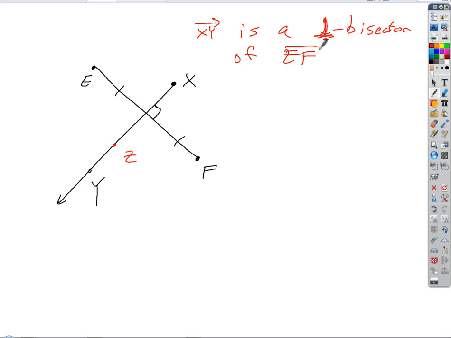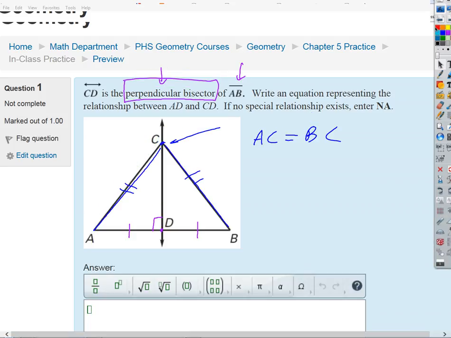So what must be true, Mallory, of Z? Tell me something about Z. If it's on this perpendicular bisector, what has to be true? Here's what we were just talking about, right?